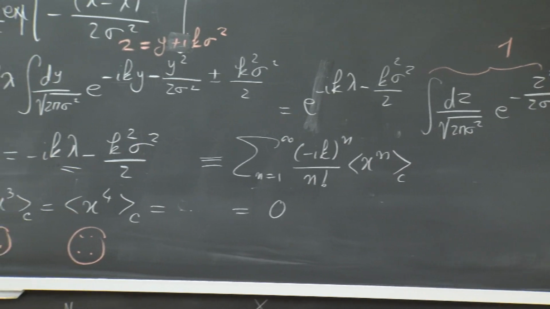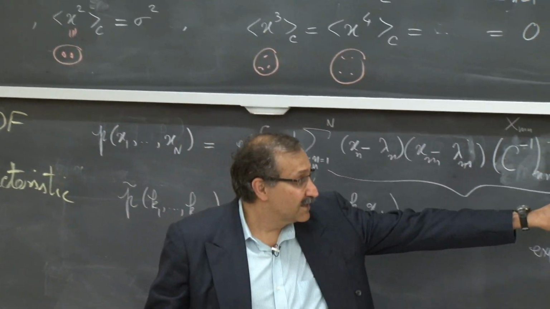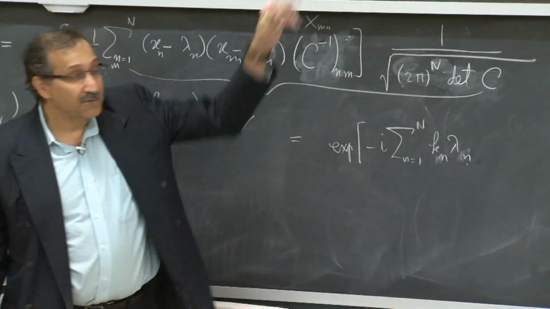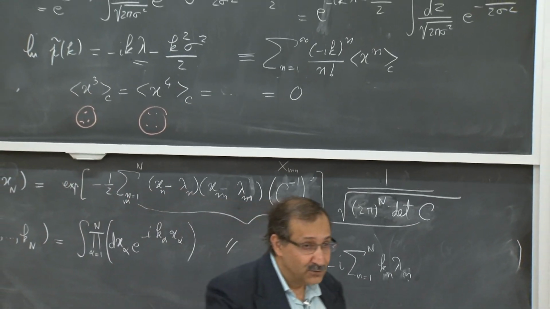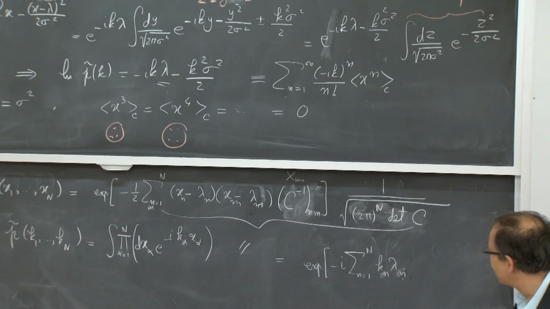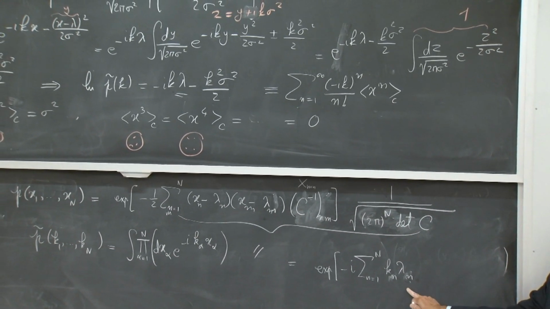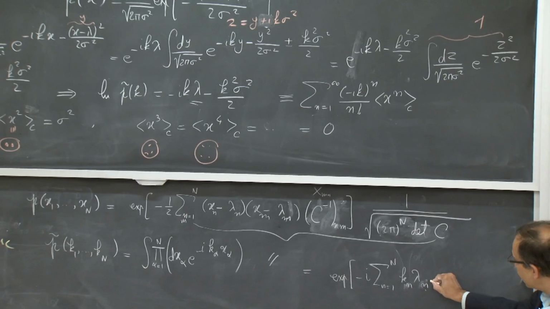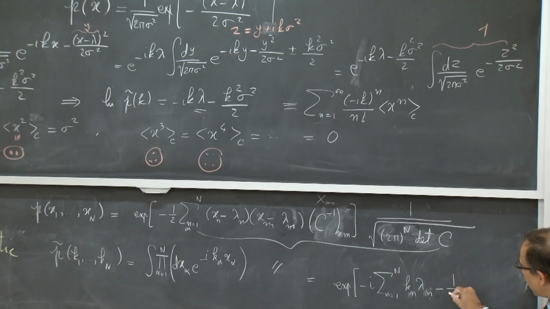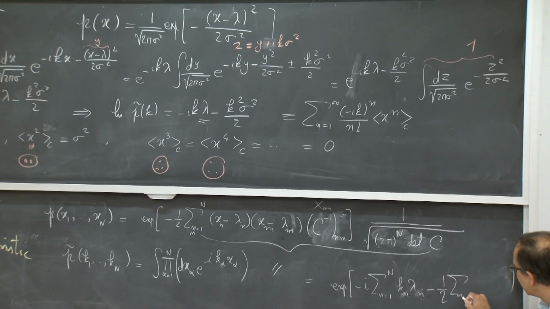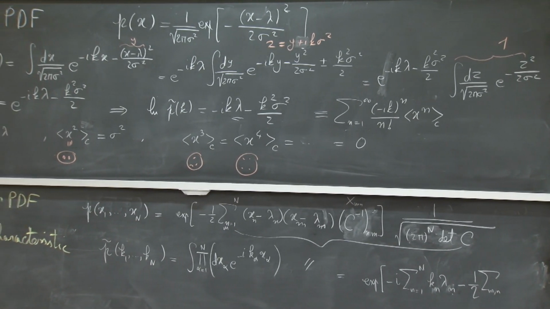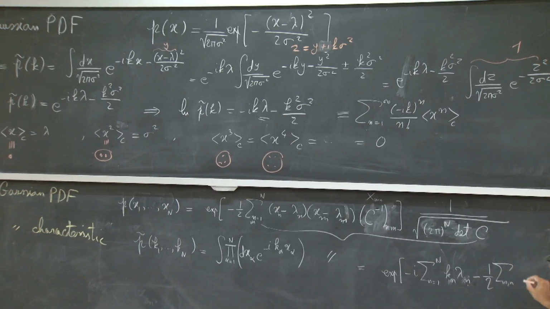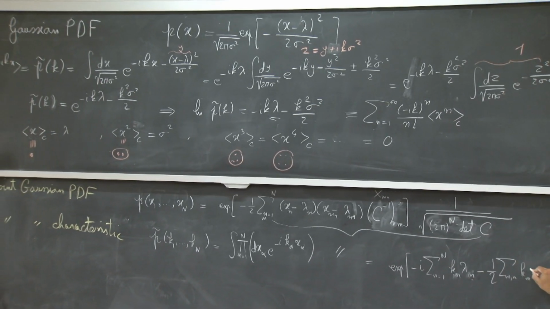Remember that in the diagonal form, each one of these sigmas would appear on the diagonal. If I do my rotation, essentially this term would not be affected. The next term would give me minus 1/2 sum over m and n, rather than just having k1 squared, k2 squared, and so on, I would have km, kn.